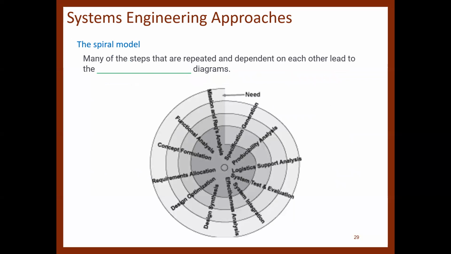Another approach is called the spiral model. Many of the steps that are repeated and dependent on each other lead to the spiral or loop concentric diagram. So what happens here is that you have this center of the diagram, and you have these activities that are listed perpendicular to the center.